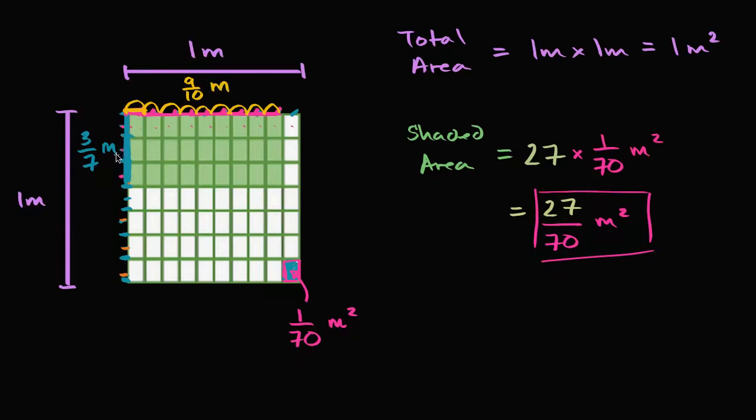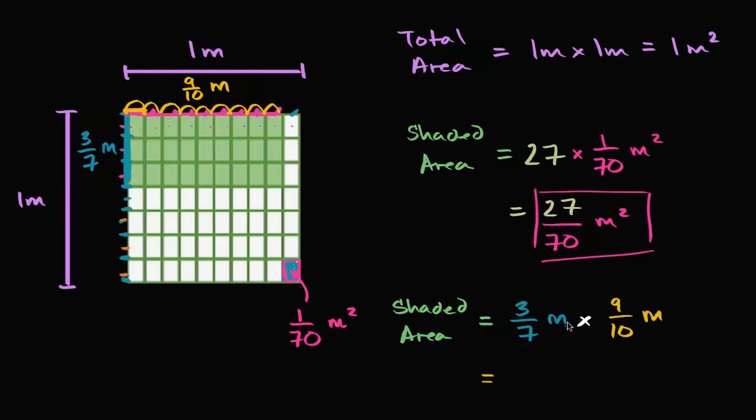And now to find the area, we can multiply the width times the height, or the height times the width. So for the shaded area, I have a height of 3/7 of a meter, and I can multiply that times our width for just the shaded area, which is 9 tenths of a meter. And now what is this going to get us?